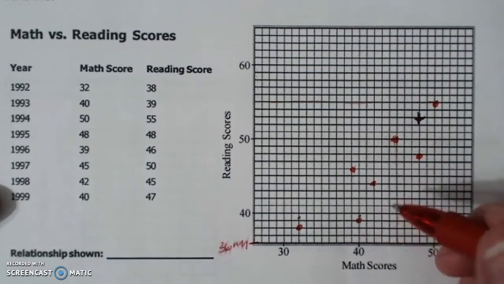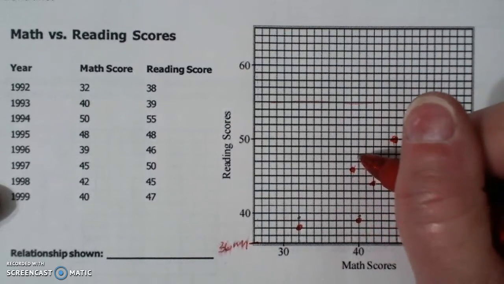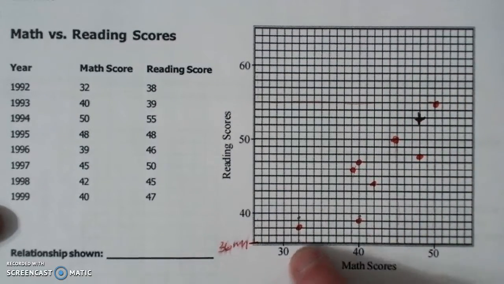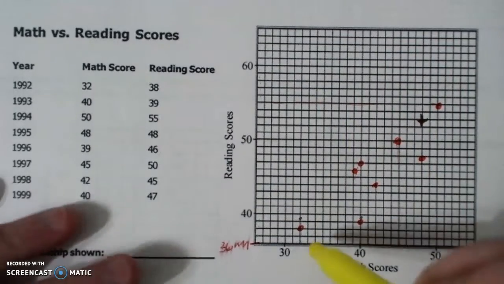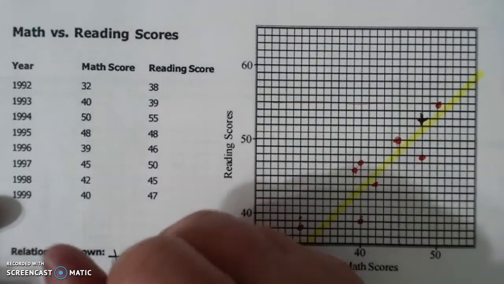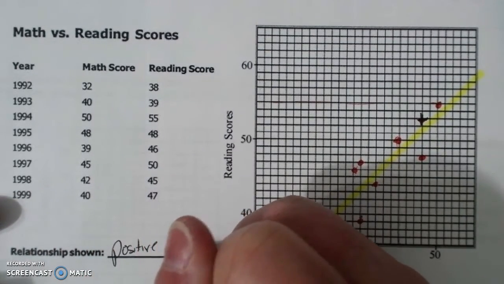And then 40 and 47. And there is a trend line like this. And so what kind of relationship is it? It is a positive correlation.